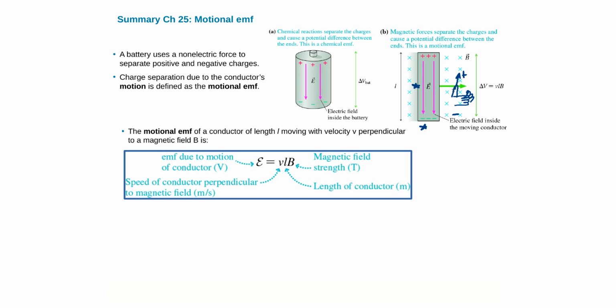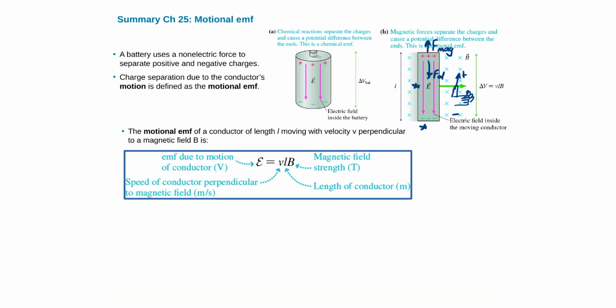And this electric field will stop the charge separation after a while, because it will have electric forces applied to charges downward, and magnetic force, as we said, will be upward. They will maintain a balance a bit later, and it will stop. But we will have a battery that we can use, connect to a system, and generate a current in this fashion. This is what motional EMF was.